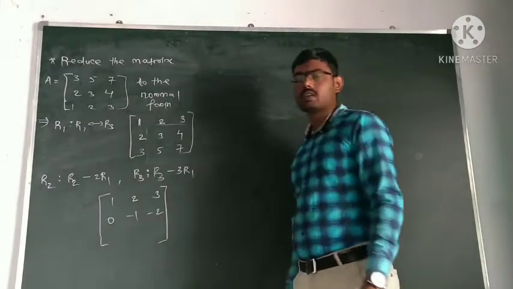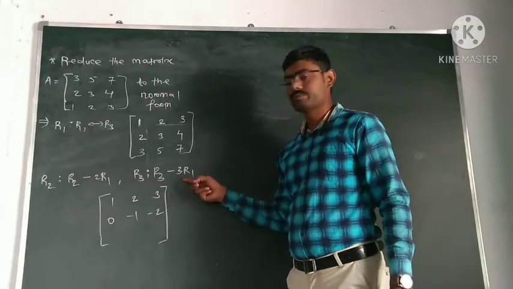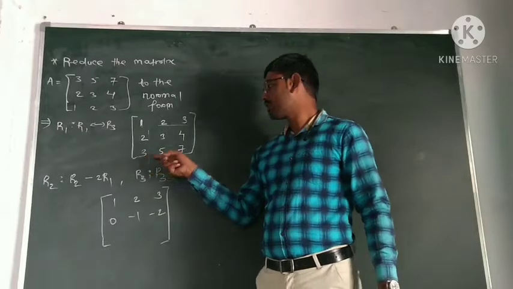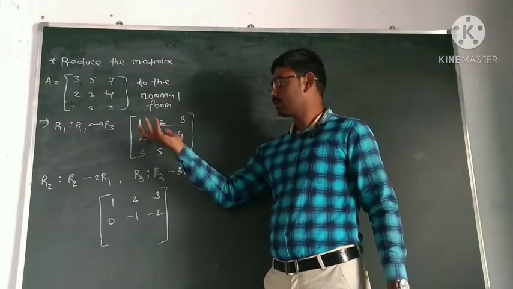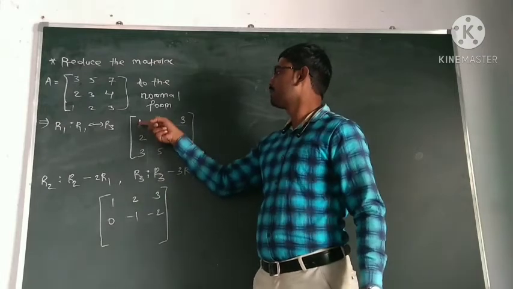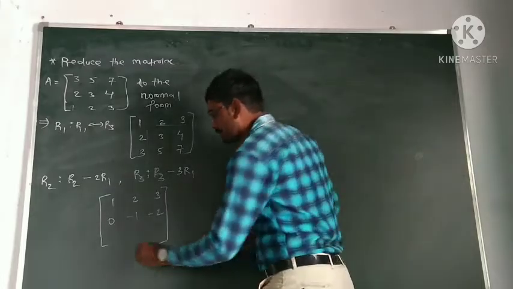Now this operation is over. Here the operation is on the third row: the third row minus 3 times the first row. So 3 minus 3 times 1; 3 into 1 is 3, so 3 minus 3 is 0.